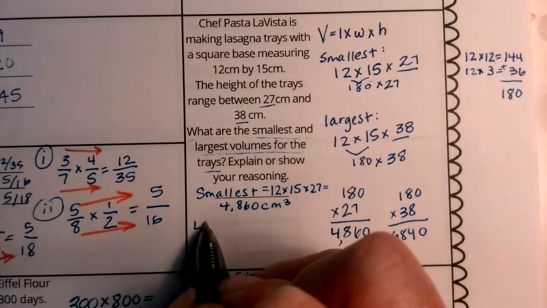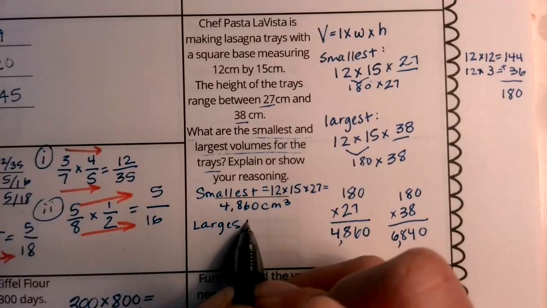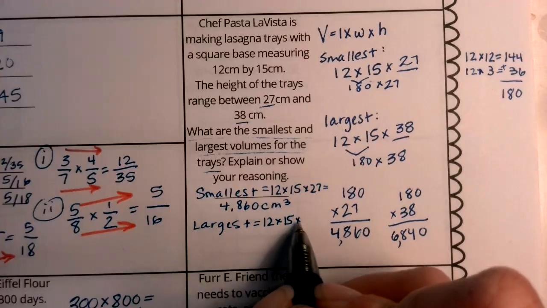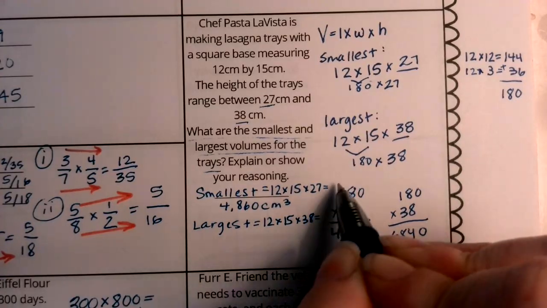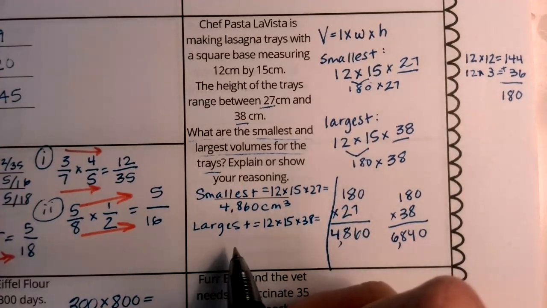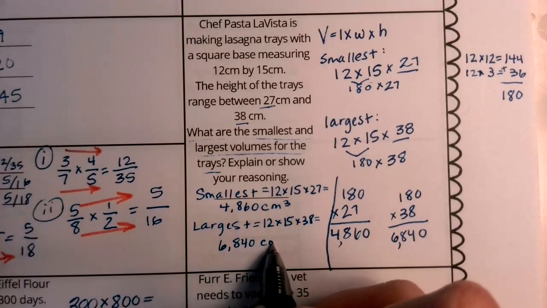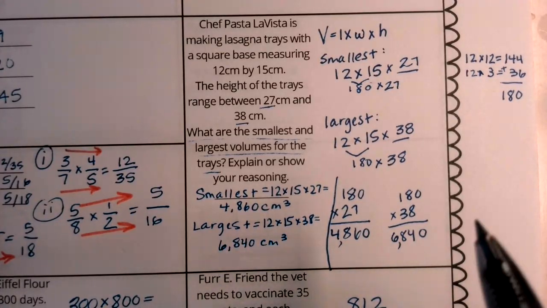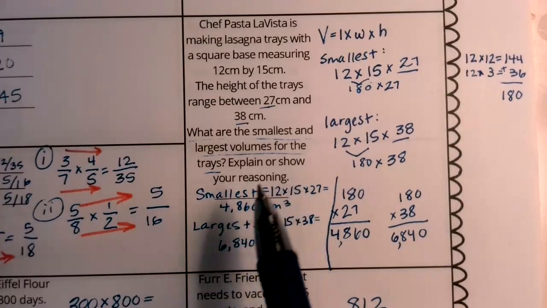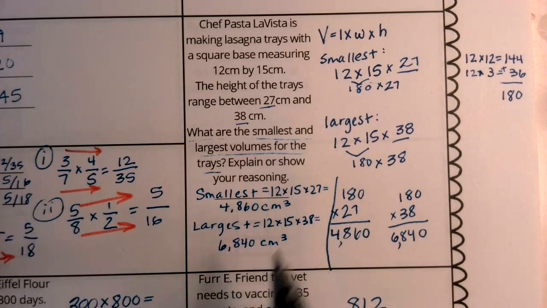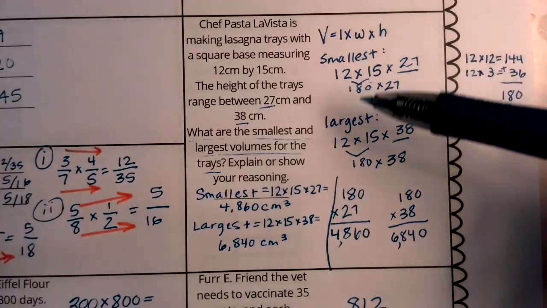Now I'm going to write about the largest. The largest is 12 times 15 times 38, which equals 6,840 centimeters cubed. This is going to suffice for showing my reasoning, because I showed the dimensions I utilized and what they equal multiplied together, and I gave my complete answer with centimeters cubed. Plus, I got a lot of great work over here.